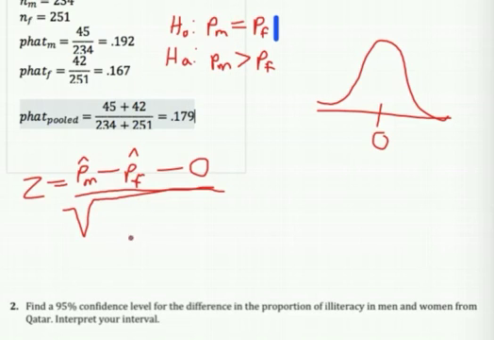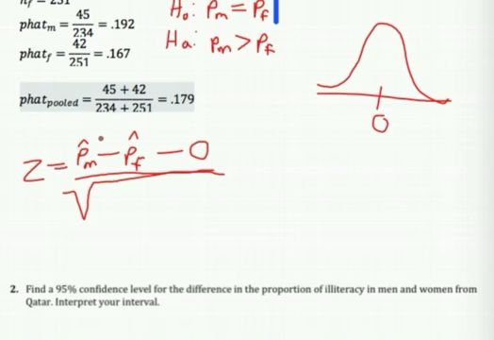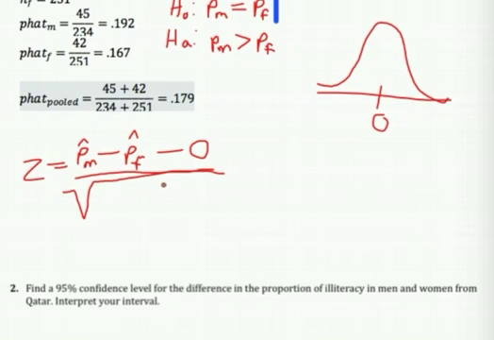And that is what you're going to use down here to create a more accurate standard deviation for this hypothesis test. So we're going to put 0.179 times what's 1 minus 0.179. I think that is 0.821.